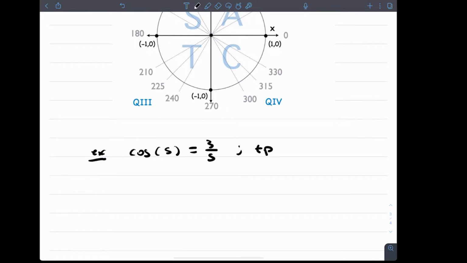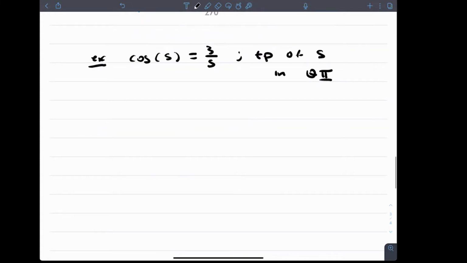And then they say the terminal point of S is in quadrant 2. What are the 6 trig ratios? So they're going to make us find the rest of the trig ratios.